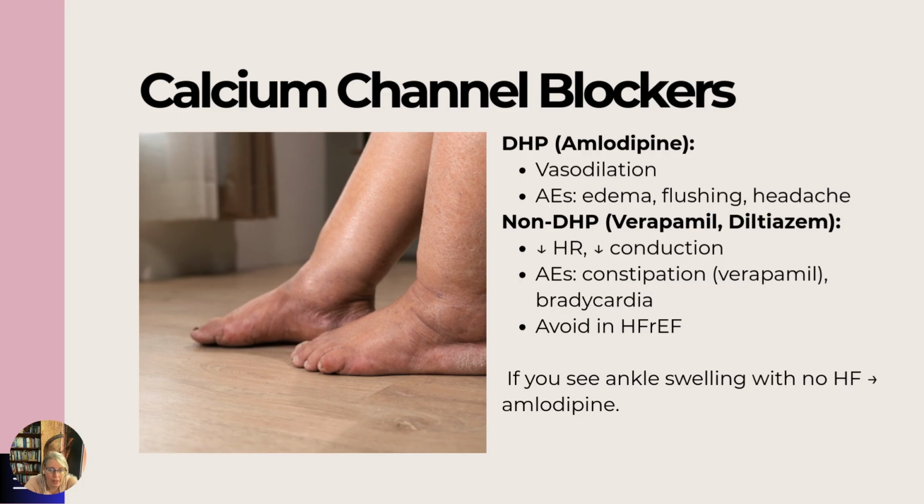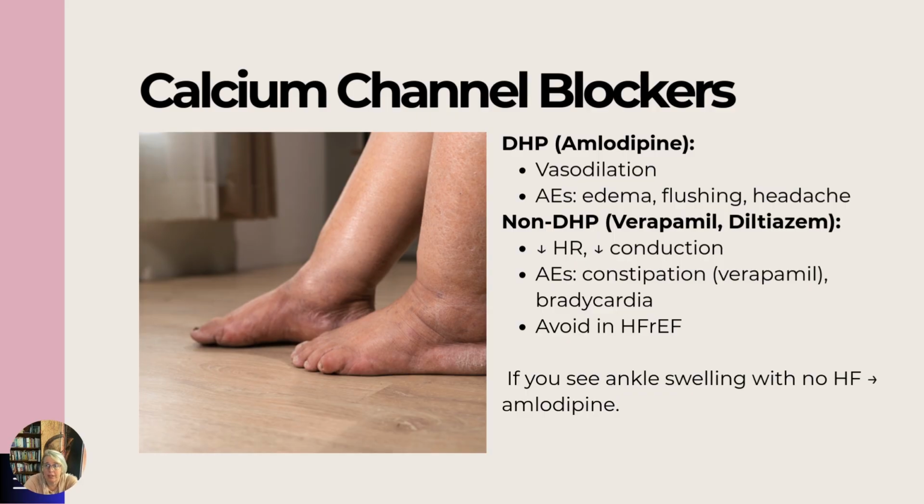Since we're slowing the blood flow back to the heart, we're taking the pressure off the heart. Amlodipine can cause edema and flushing and headache, so look for those adverse effects. It's a peripheral vasodilator. It also does deplete potassium, so you want to look for that as an interesting side effect of amlodipine.